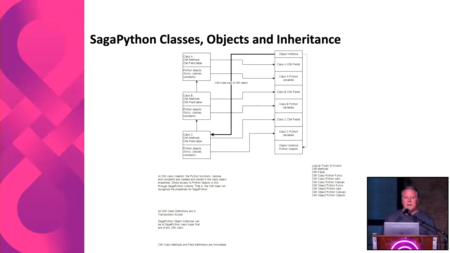So this is the SagaPython viewpoint I was saying. If you look at the object instance down the right side, by the way, it only shows single inheritance, but obviously it could be multiple inheritance, and it would be linearized and still look the same. Each one of the classes adds its own instance data to the object instance. So when you're executing a method in one of the classes, it's using its instance data.